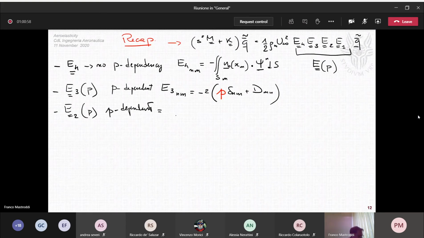We have that E2 is equal to Y to the minus 1, matrix p dependent Y, multiplied by the matrix of the source B. And this Y is a matrix like delta Mn, the Kronecker symbol, minus the matrix of the doublet Mn, and then we have the matrix of the doublet but on the wake. Let me use M and L like life.